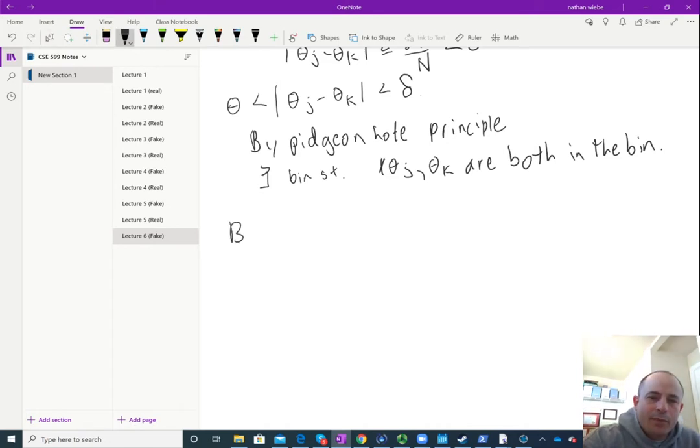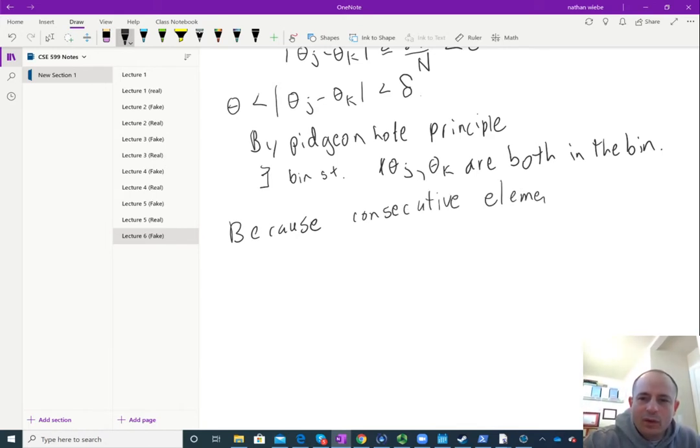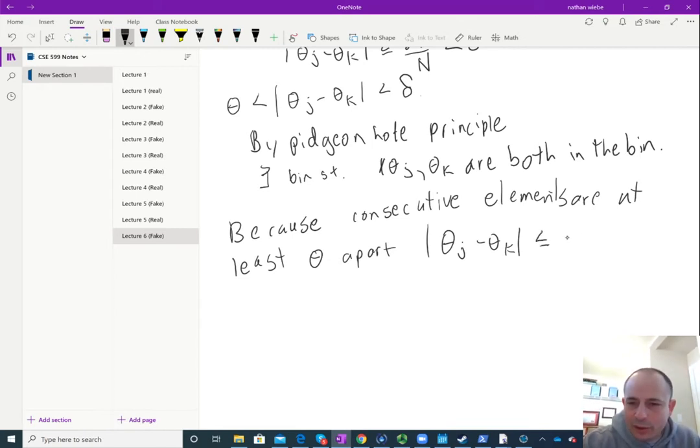Further, because consecutive elements are at least theta apart, because theta_j minus theta_k is less than or equal to (j minus k) theta mod 2 pi, I guess, this over here is less than or equal to theta because we're assuming j not equal to k.